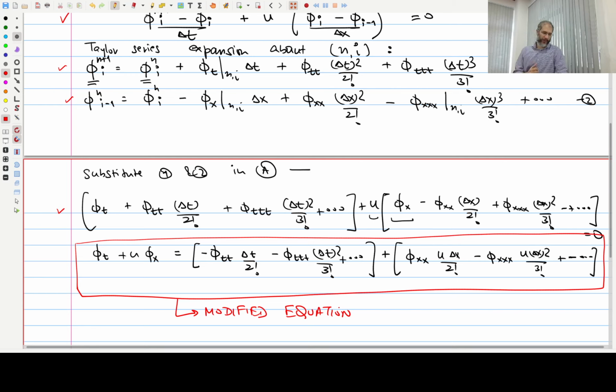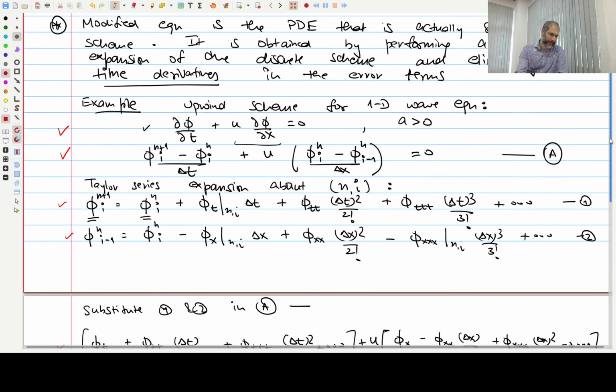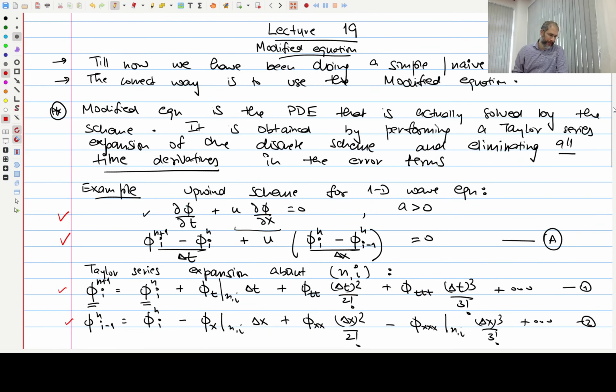So we have written the modified equation. The next step, since we want to do the truncation error, because the discussion today started with the idea that the truncation error analysis that we have been doing till now is quite simplistic, is that we want to do a better job at truncation error analysis.